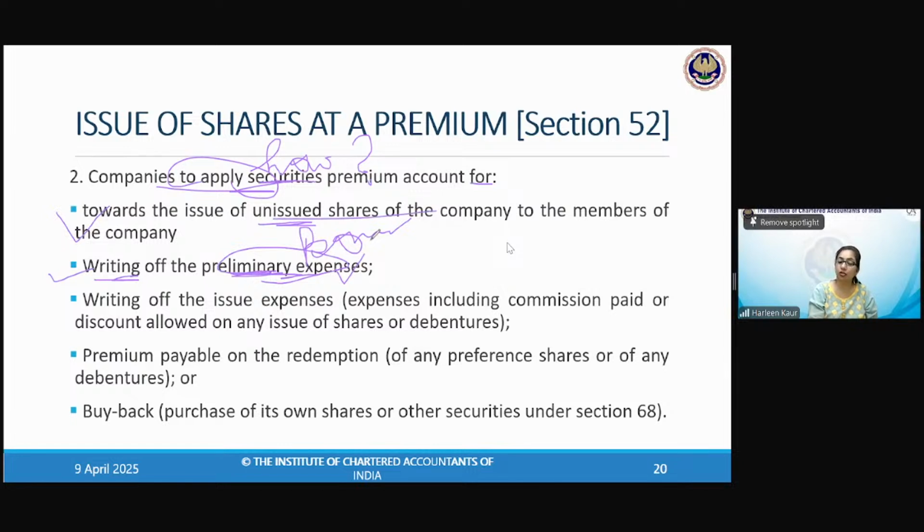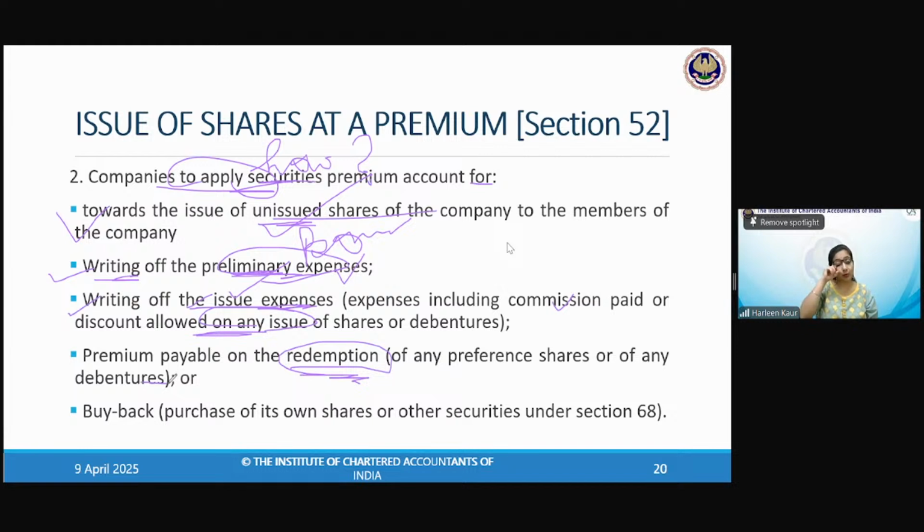One is you're issuing the unissued shares to the members as bonus shares, you're writing off the preliminary expenses, you're writing off the issue expenses, like underwriting commission you need to pay or any discount allowed on the shares. All the issue expenses means when you have issued the shares, you have incurred certain expenditures while issuing them. Now those expenditures can be written off from the securities premium amount. Another purpose is paying the premium on the redemption of any preference shares or debentures.